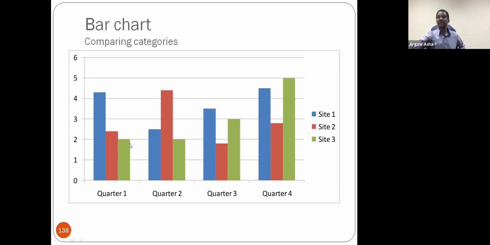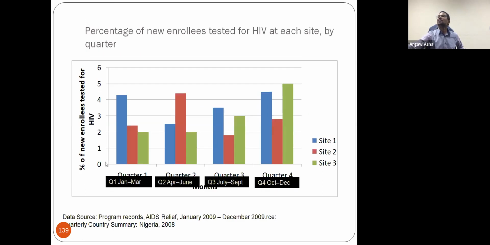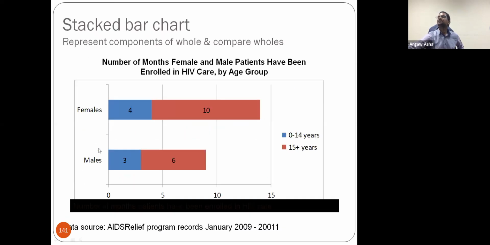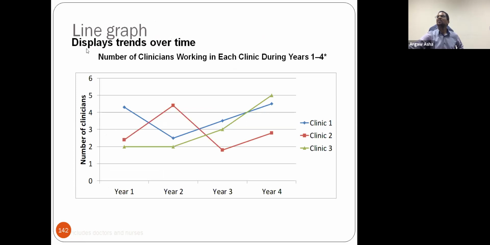If you want to compare the categories, we use a bar chart. The same is true, for example, to compare new roles to the others. The same is true, okay? Then to compare, okay? Another one is stacked bar chart. Likewise, we place it horizontally like this and compare. You can use comparison.